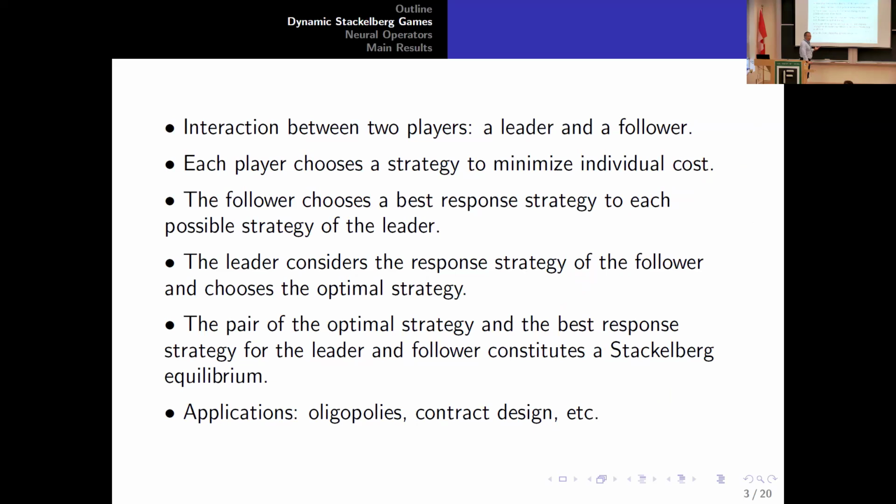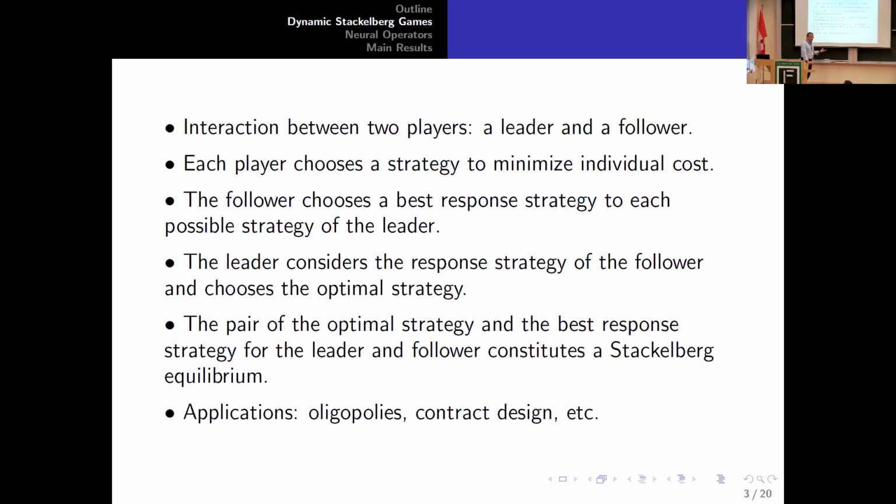This type of game can be applied in economics and finance. For example, in oligopolies, when we study commodity producers like oil producers, we usually have a small number of producers, say two: one is OPEC, and the other is the rest. OPEC has a dominating power in the market, and the other has to make strategies in response to OPEC's strategies.